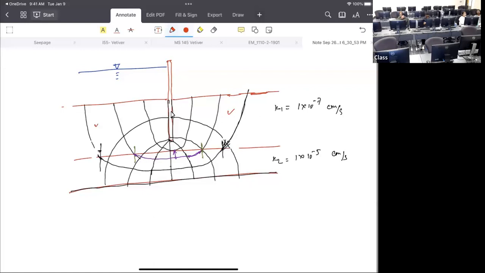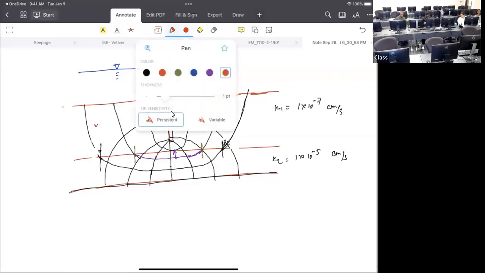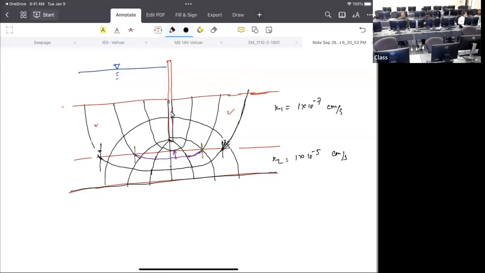Maybe it will go even further. So the size is adjusted. The length, this length and this length, L1 and L2, should be the same. So it goes even further.